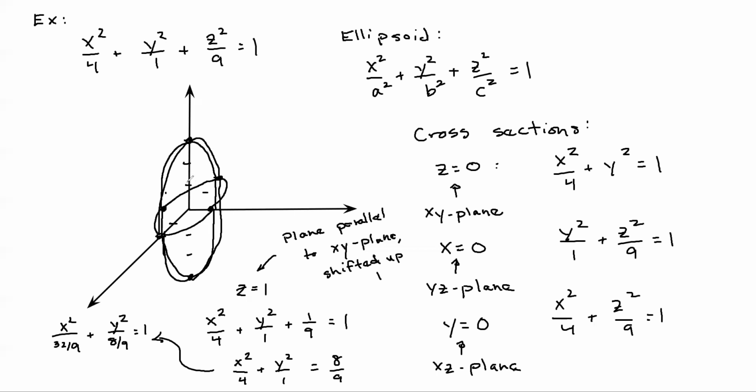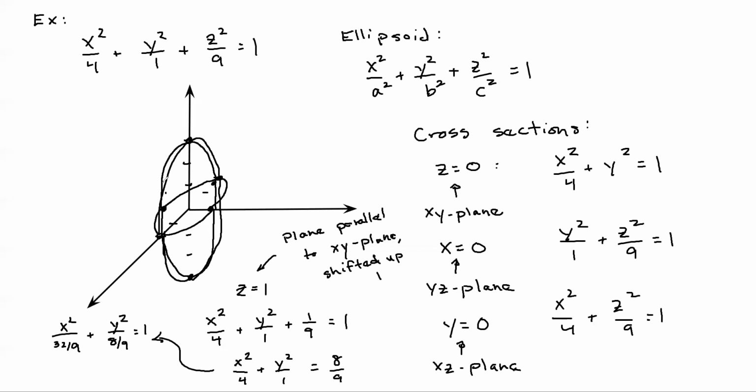Okay, so again, we want to take our cross section and graph it at z equals 1. To do that, you're going to start at z equals 1. That's where our plane is located. And then you could use this equation to find intercepts, right? So if you set x equal to 0, what you're going to get is that y is plus or minus the square root of 8/9. All right, so on our picture here, if you go that distance in this direction, you're going to hit this curve here.